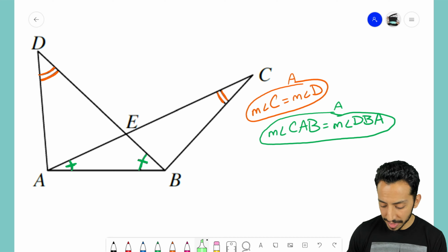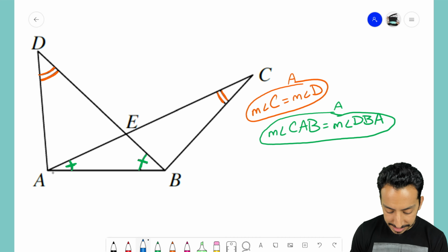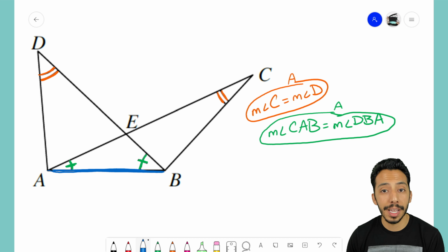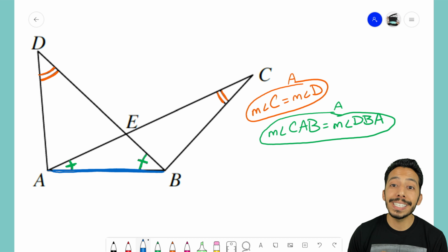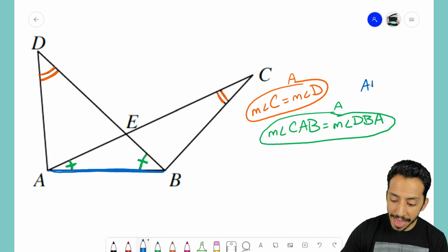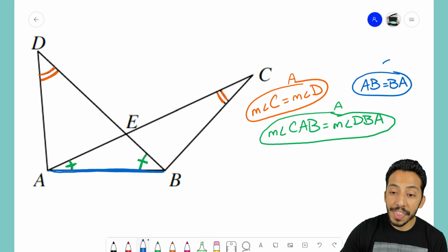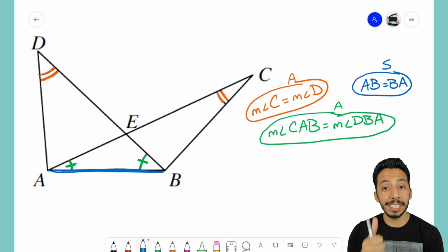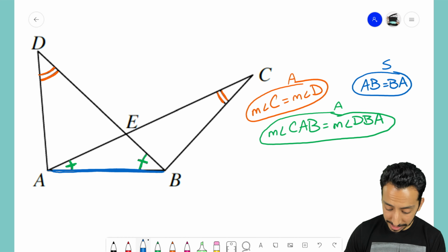Notice that they both use this side here, AB. AB is sort of the base of both triangles. And since both triangles use that side, we can say in our flowchart that AB is congruent to BA. That's the side that we need, and now we know for a fact that those two triangles are congruent, because they're similar and they have at least one equal side.